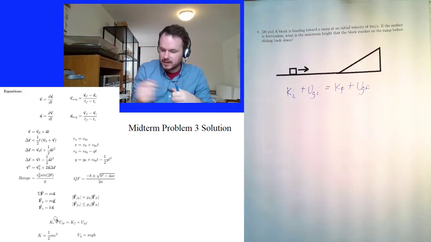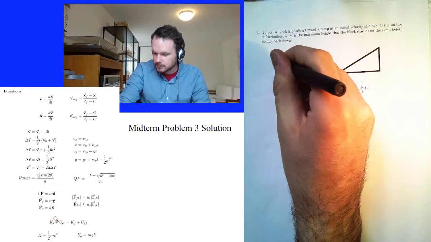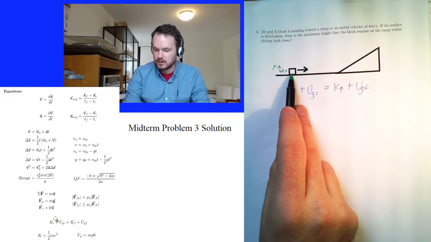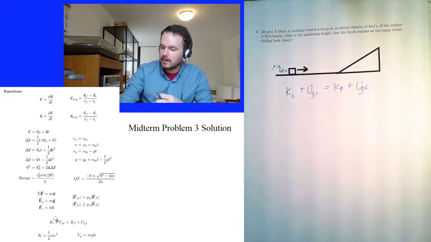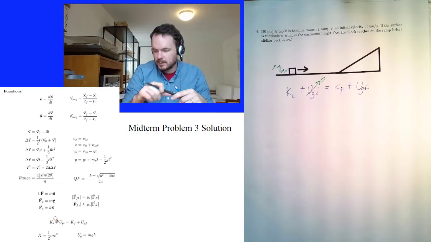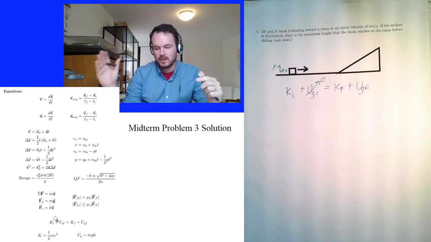So if we place our coordinate system here, basically the initial gravitational potential is 0. We can get rid of that. And then it wants to know how high the block reaches before it slides back down.